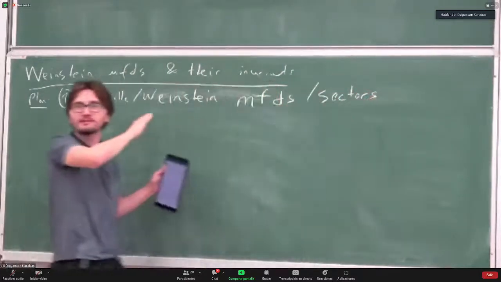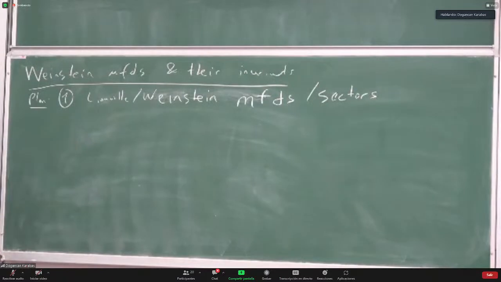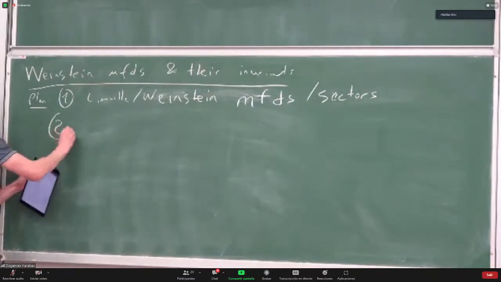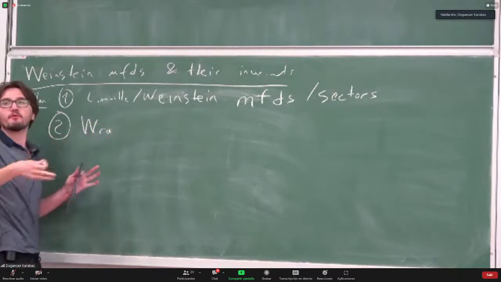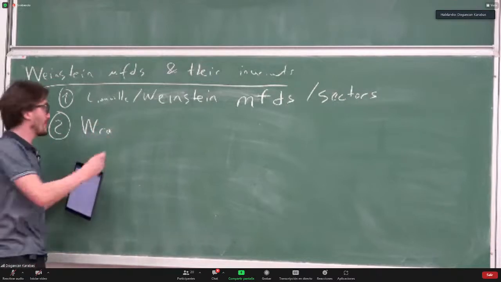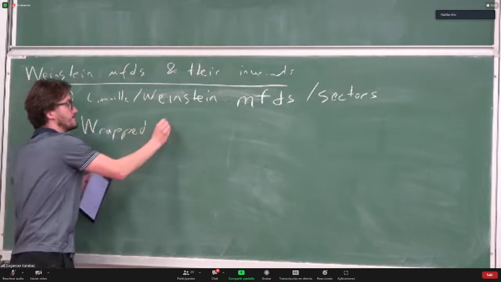So yeah, I will talk about this class of symplectic manifolds first. The second part, I will talk about Fukaya categories. Maybe some more things, but I don't know, it depends on time.